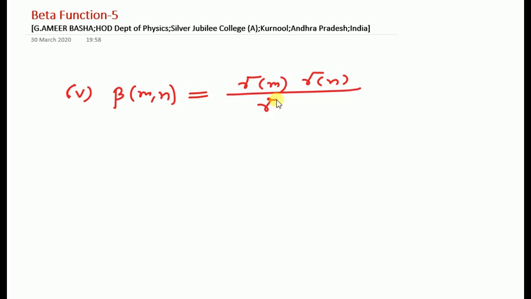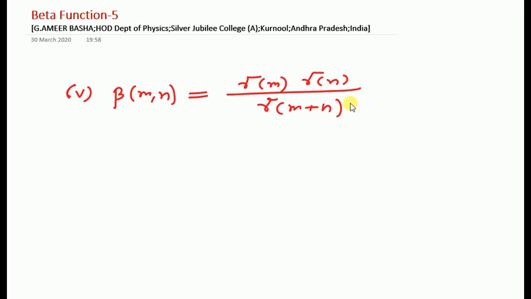Beta mn will be equal to gamma m gamma n divided by gamma m plus n. This we need to prove here.